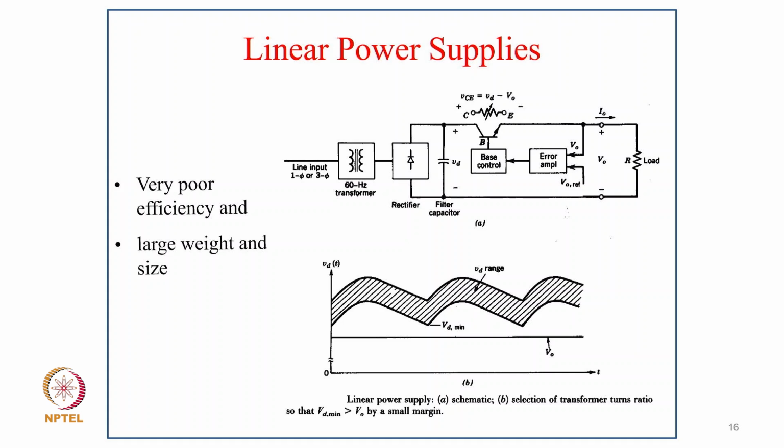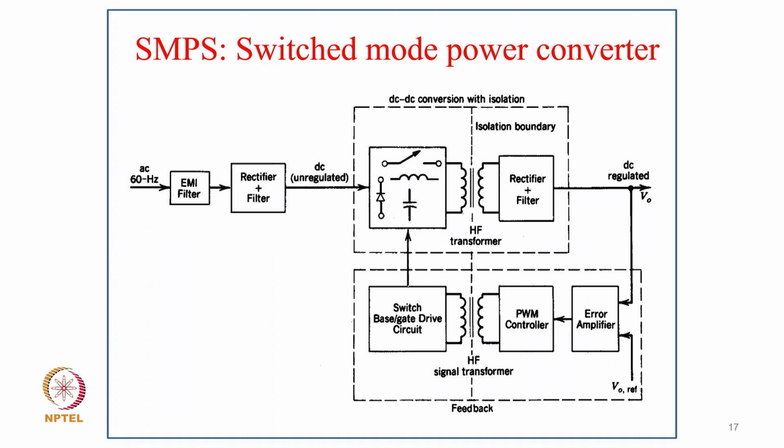But in practical applications, we use a switch mode power supply by converting this entire configuration to high frequency, and using the switch only as a solid state switch, which has no losses in conduction as well as in the off condition. So the basic circuit concept of a switch mode power converter or switch mode power supply is, look here.